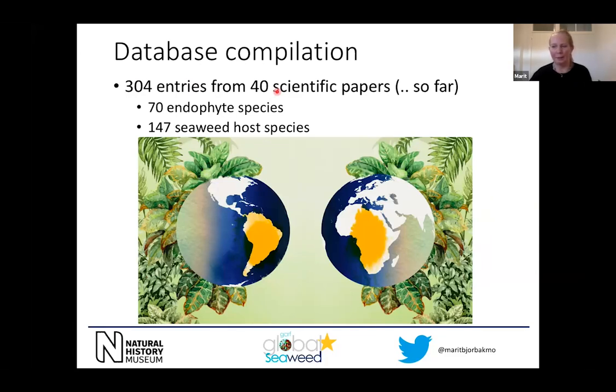These encompass interactions between 70 endophyte species and 147 different seaweed host species. The majority of these entries come from morphological studies, about 64% of the data, but 36 of the interactions are also represented by molecular data in addition to morphological description.